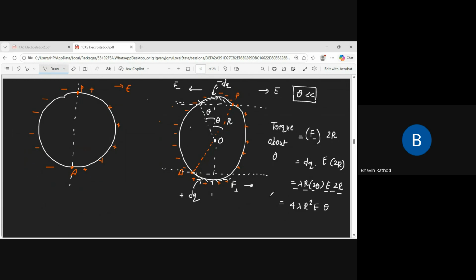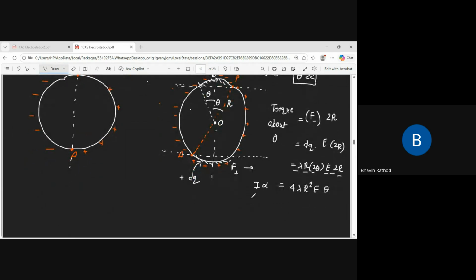That's the torque, and the torque we can write as I alpha. I will just be about O, so it's a ring, so I will just be m r squared. So alpha is equal to 4 lambda r squared E theta over m r squared.